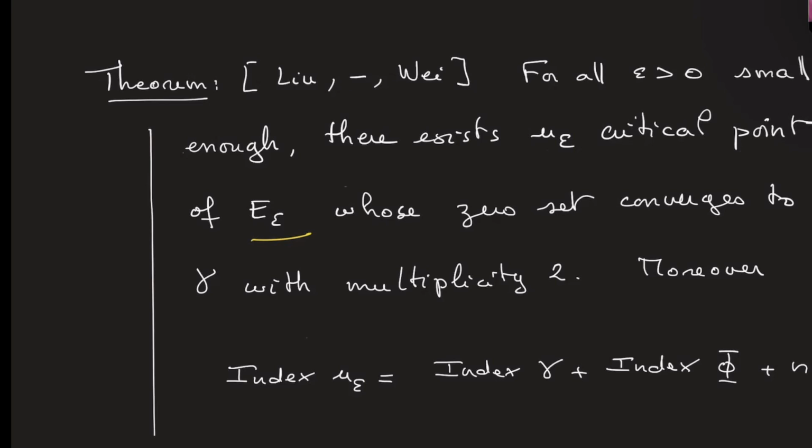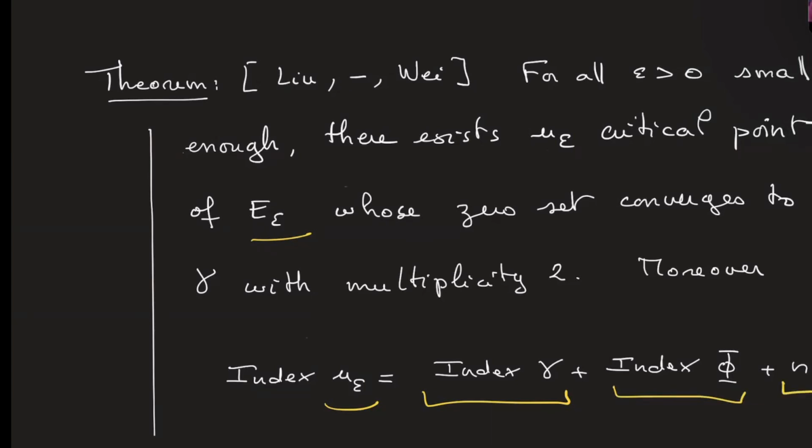And in fact, you can even compute the index of the solution of the Allen-Cahn equation. And it turns out that the index of the solution of the Allen-Cahn equation is given by the index of gamma. Well, this was quite natural because this was already the case in the first result I told you about, the one with Ritoré, and to which you have to add the index of the bouncing Jacobi field plus n.